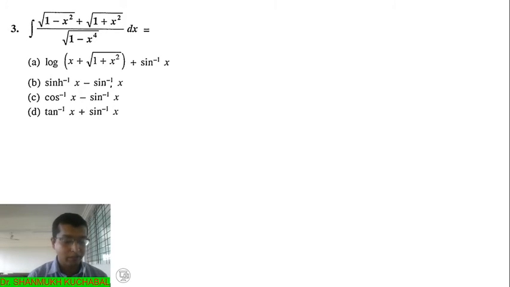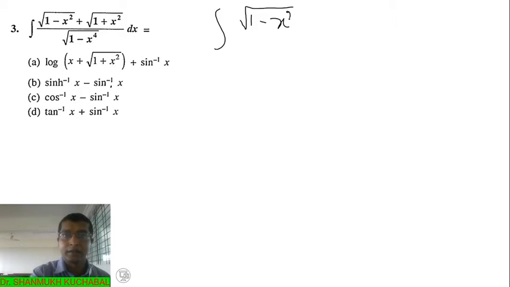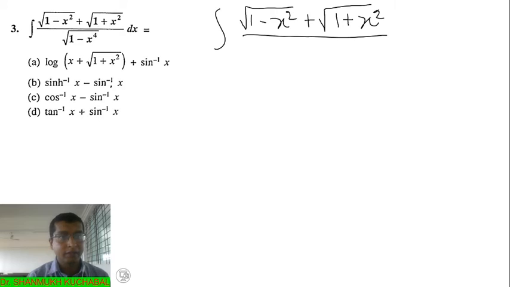Further, example number 3. The numerator is integration of 1 minus x square plus integration of 1 plus x square, divided by 1 minus x raised to 4.